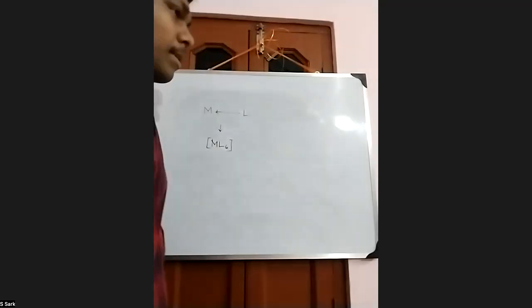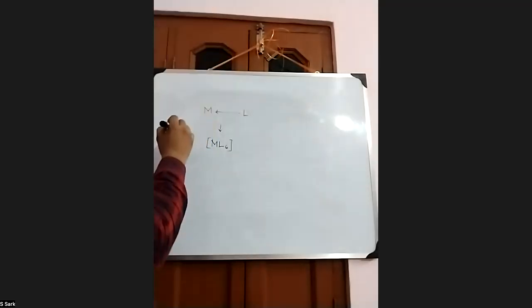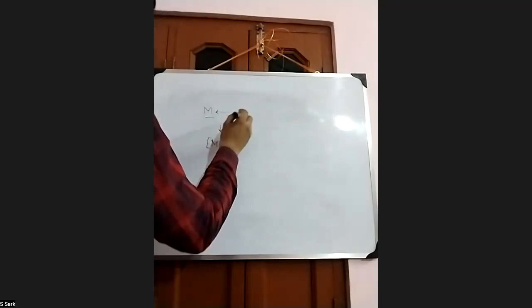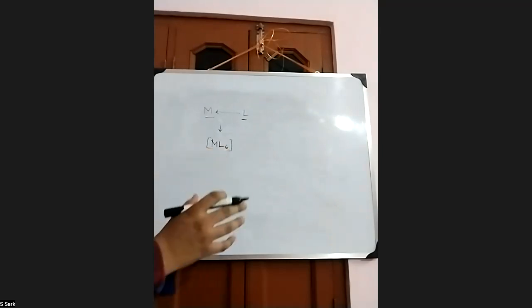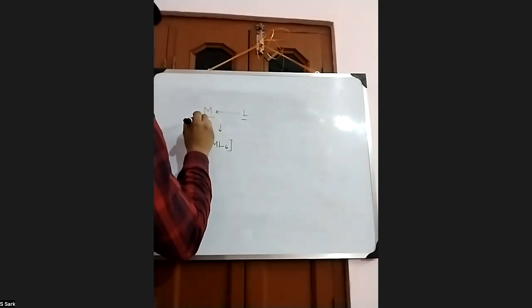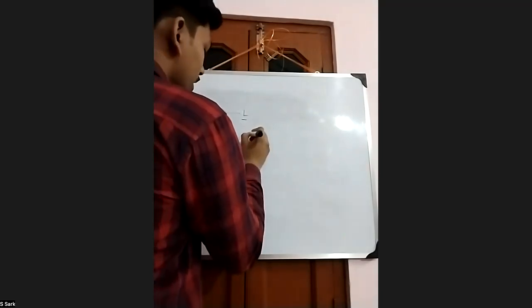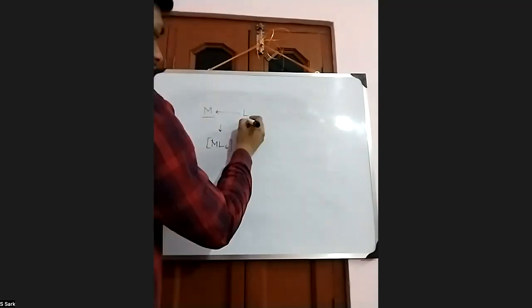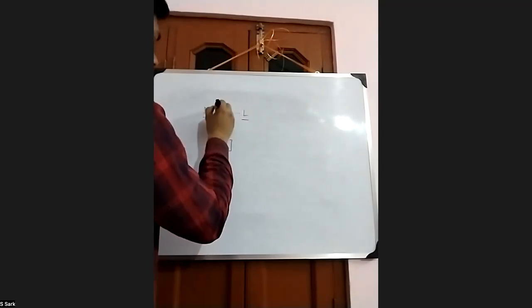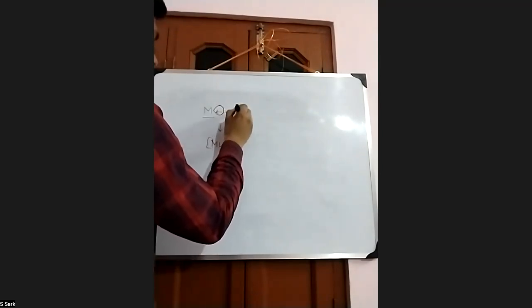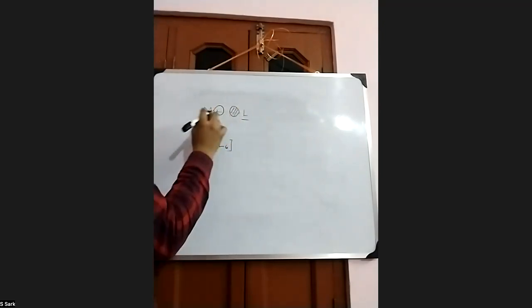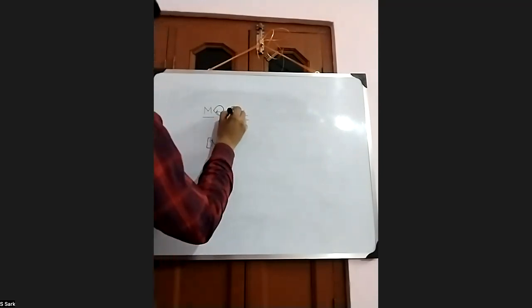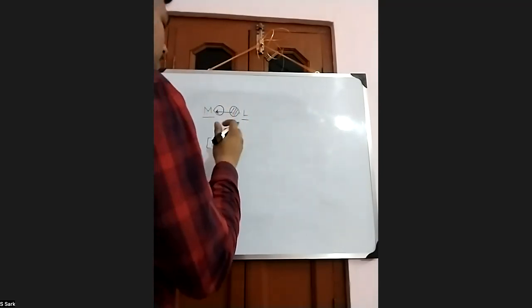There are some cases where charge transfer takes place with some exceptions, but generally when we see a coordination complex, there is a vacant orbital of the metal and a fully filled orbital of the ligand. The fully filled orbital gives its electron to the vacant orbital of the metal and creates a bond, and that's how a coordination complex is made.